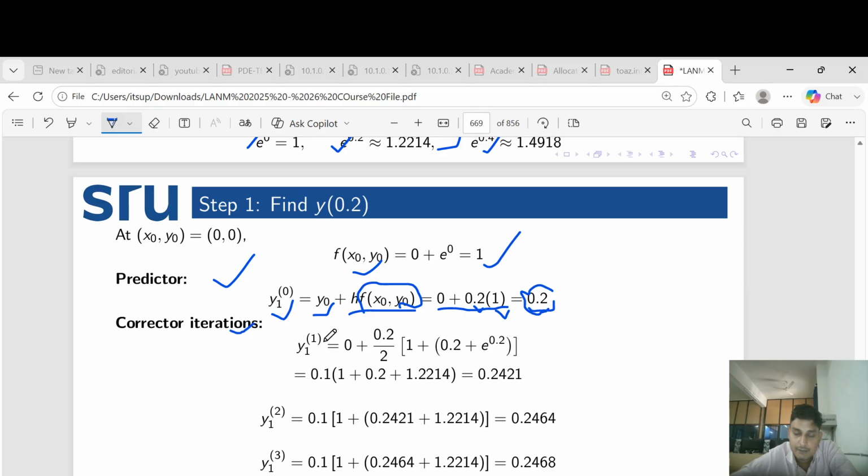So y1 at 1: y0 plus h/2, meaning 0.2 by 2, times f(x0, y0) plus f(x1, ...). If you draw this line, this is the x0 value, 0. Then we add h = 0.2, so 0 plus 0.2 means 0.2. If we add 0.2 plus 0.2, this becomes 0.4.